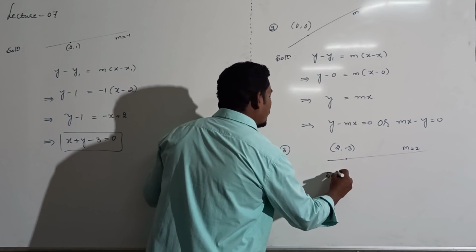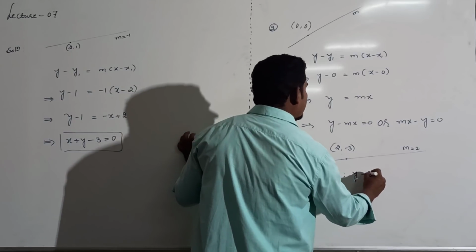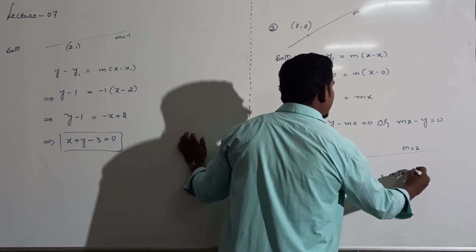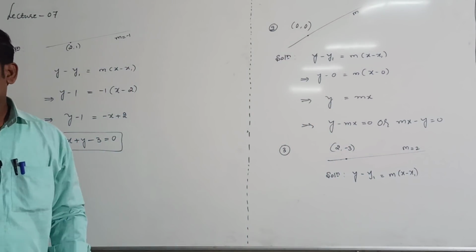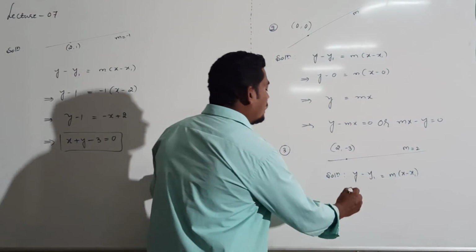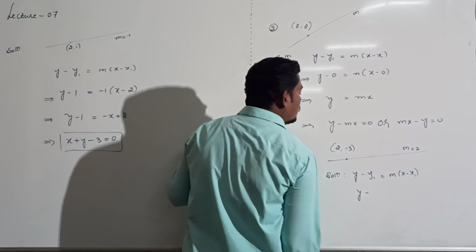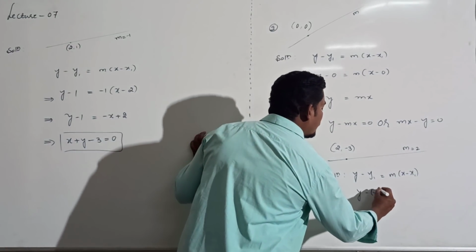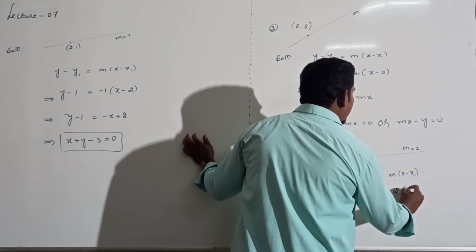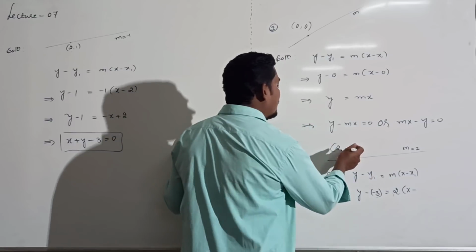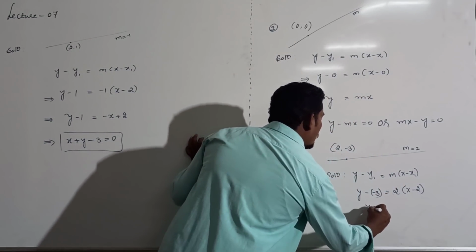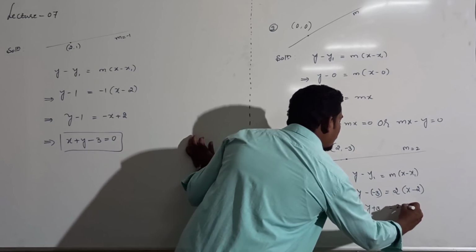First write the formula: y minus y1 is equal to m into x minus x1, because slope and one point they have given. After that, y minus, in this case what is y1? y1 is minus 3. That's equal to m value they have given, 2, into x minus, what is x1 value? 2, right? Now usual multiplication: y plus 3 is equal to 2x minus 4.